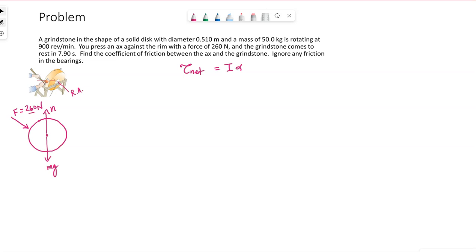The force that I neglected to draw is the force of friction. I don't know if you can see it, but very tiny in the picture, it shows omega. So this omega, the friction is going to be opposite, and it's going to be a kinetic friction because essentially the axe is sliding relative to the grindstone.